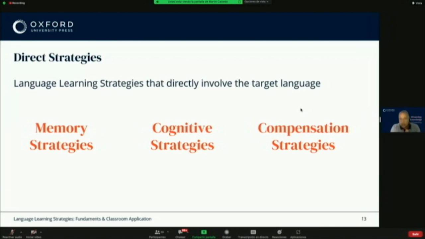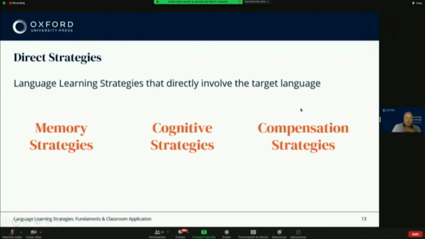These strategies are defined as those that directly involve the learning of a target language. And they are classified into three: memory strategies, those that directly involve memory, cognitive, and compensation strategies. So let's take a look at what they are, what they can offer, and what they can bring to our classes.